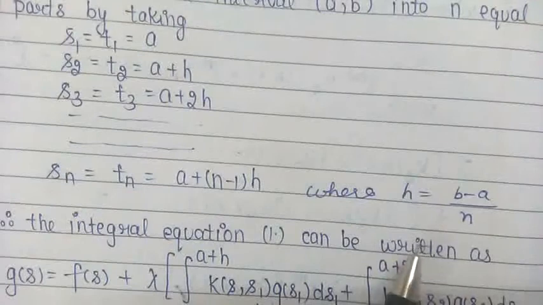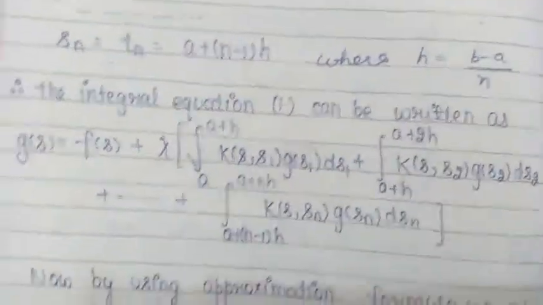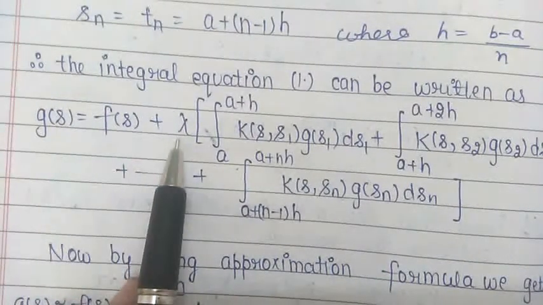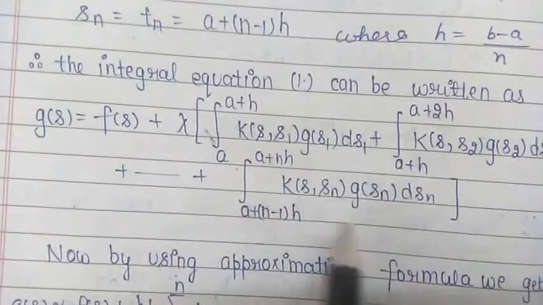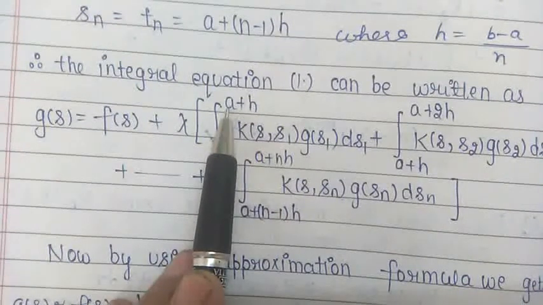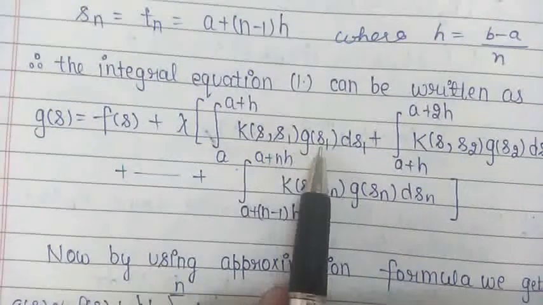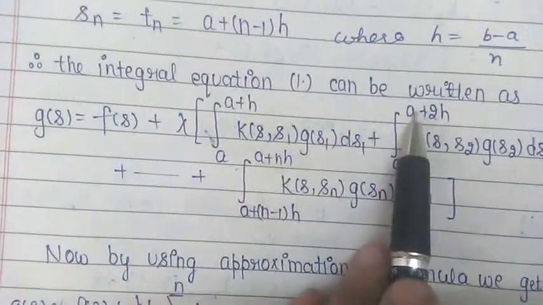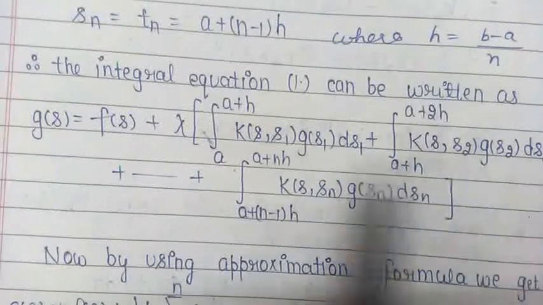Now using these parts, the given integral equation can be written as g(s) = f(s) + lambda integral from a to b, which is now divided into parts, so that it can be written as integral from a to a + h, because the first part is from a to a + h, k(s,s1) g(s1) ds1, plus integral from a + h to a + 2h, k(s,s2) g(s2) ds2, and so on.